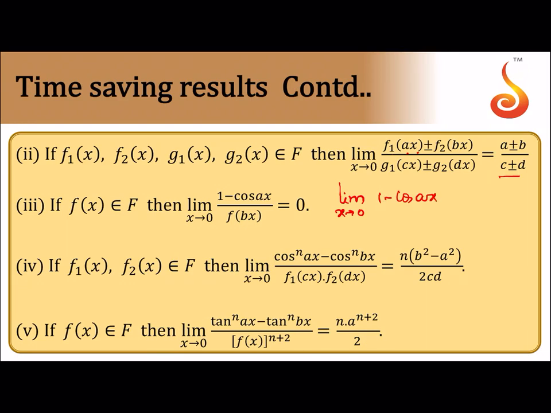Now this is not much required. Limit x tending to 0, f1(ax) plus or minus f2(bx) is a plus b, g1(cx) plus g2(dx) will be c plus d.